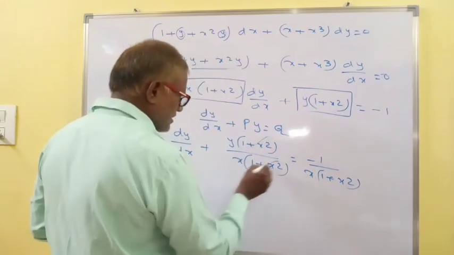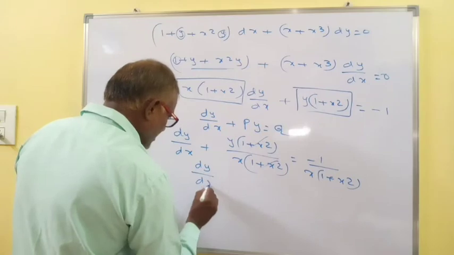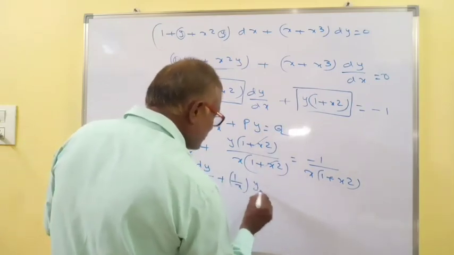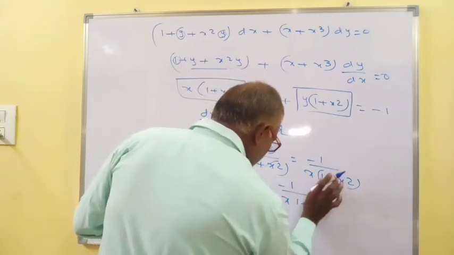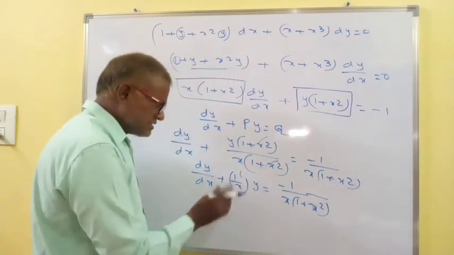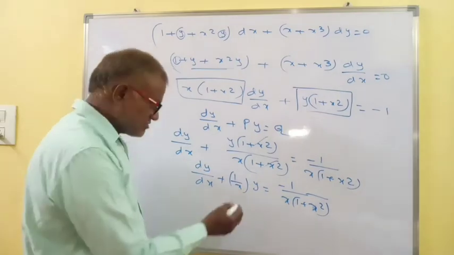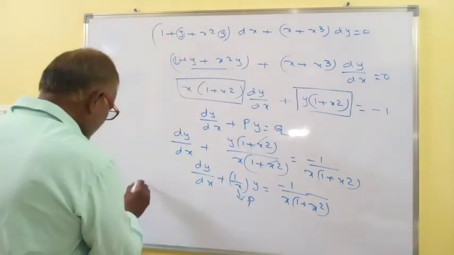So 1 plus x square gets cancelled. That means clearly dy by dx plus 1 by x into y, because py, so p is the function of x. So clearly this is the p.